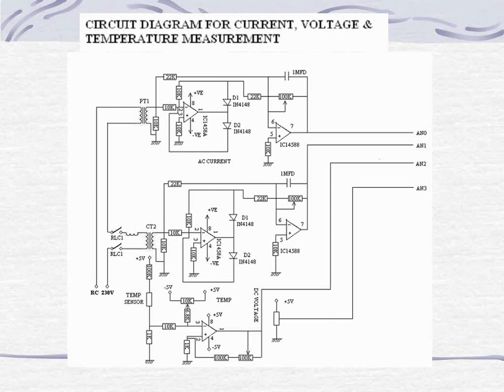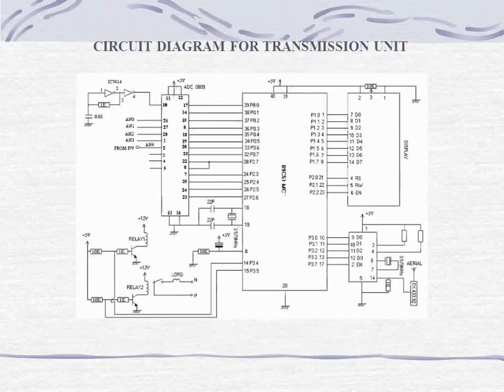The use of GSM makes the entire system intelligent because it transmits alerts and information, and it can also receive commands. This reduces labor cost at the substation, and the monitoring and protection efficiency is also improved.